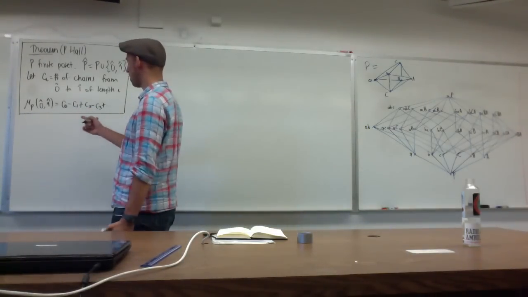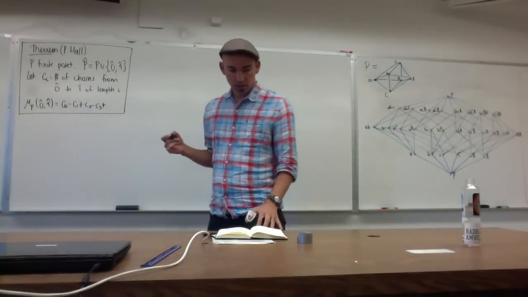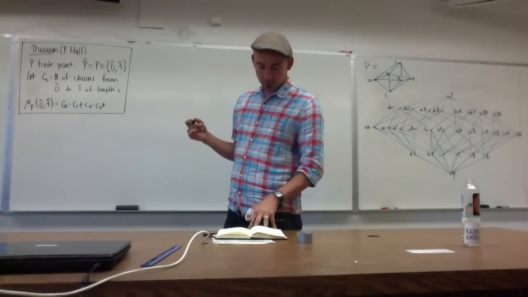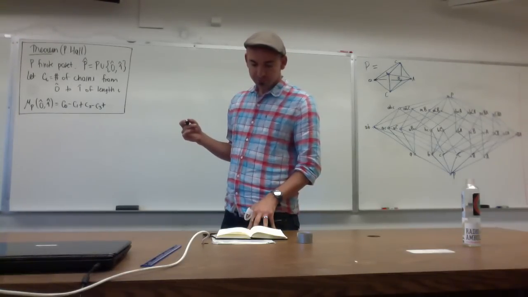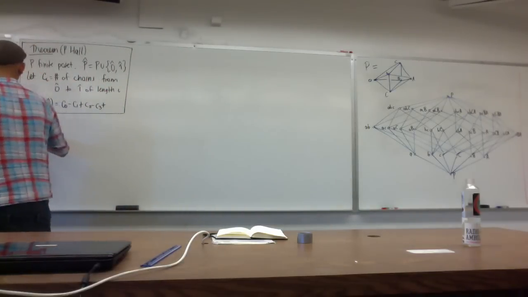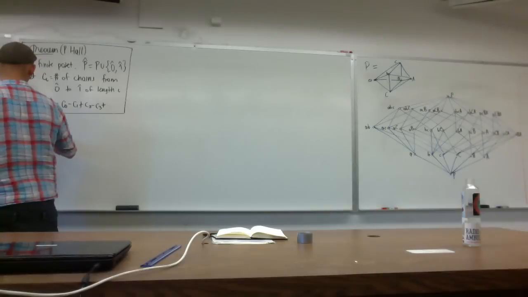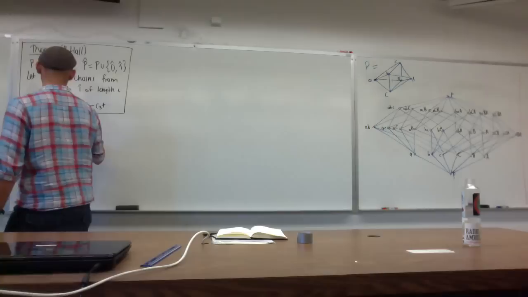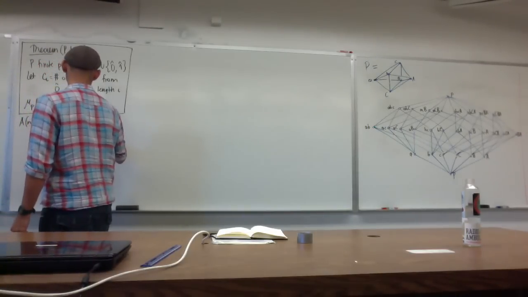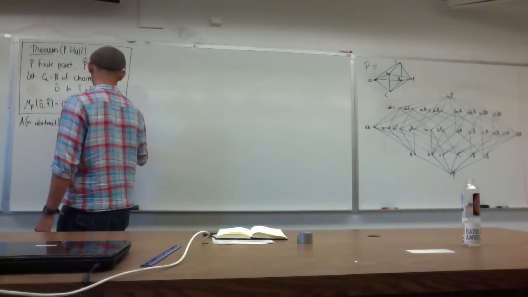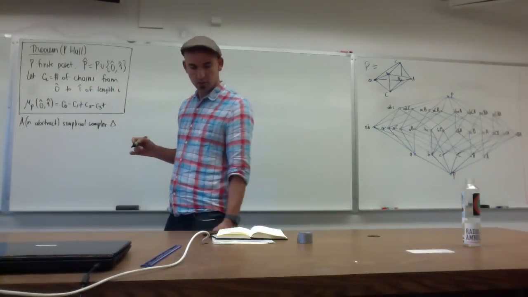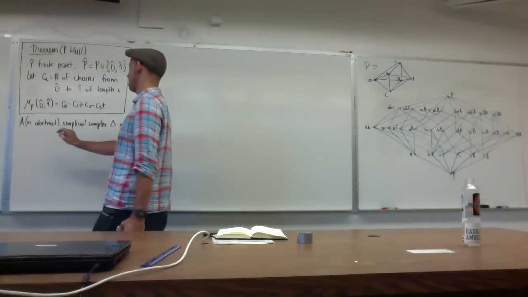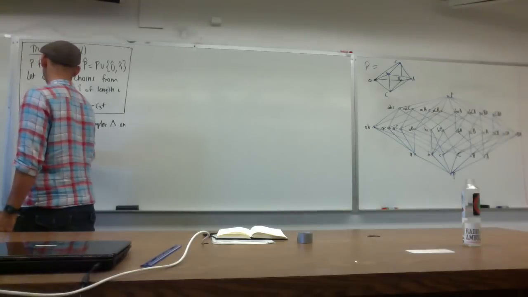We want to give a topological meaning to this, and so let's do the following thing. A simplicial complex, sometimes people will call this an abstract simplicial complex, Delta on, let's say, a set S, is the following thing.